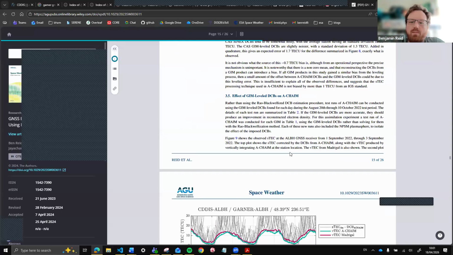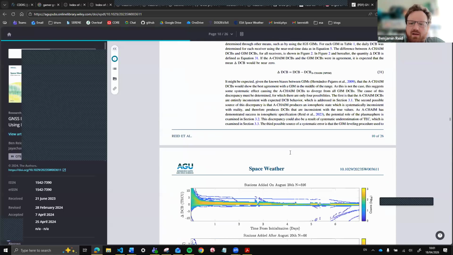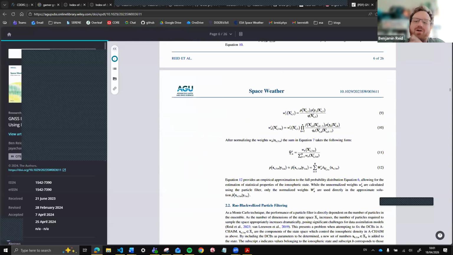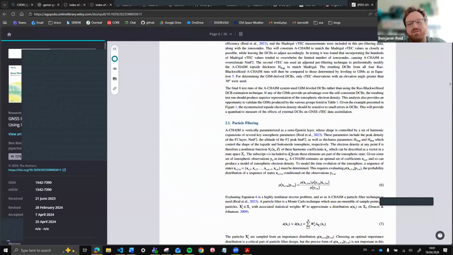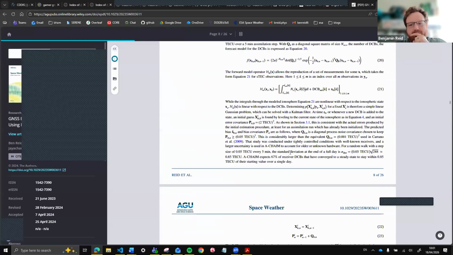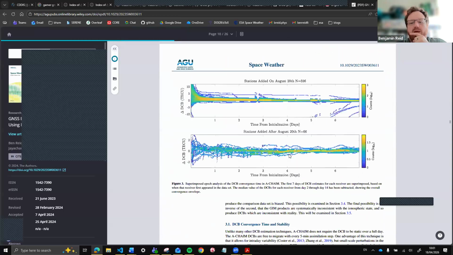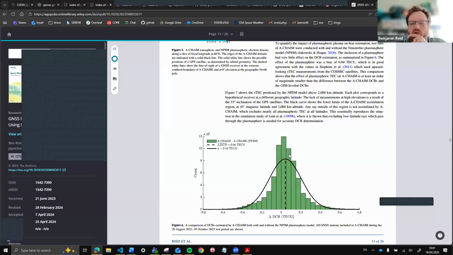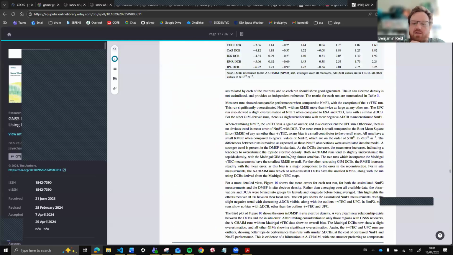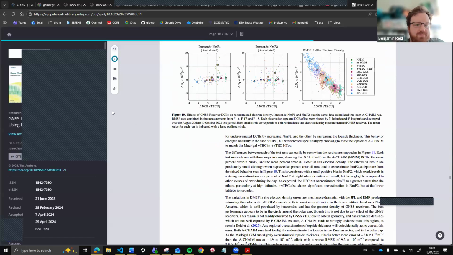But what I did for mine, if you really like math, there's a whole bunch of math here of how you can do it without assuming a VTEC structure. And then this was essentially comparing it to the VTEC things.